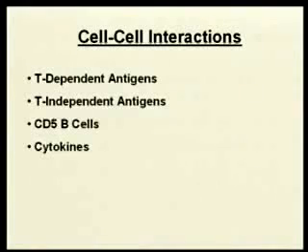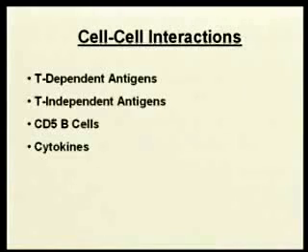Okay, the last lecture here, we're going to talk a little bit about some cell-to-cell interactions. The first part is what is required for the B cell response. I know Dr. Mayer discussed a lot of these aspects, but I'm going to concentrate on the cell-to-cell interactions that are required. We'll discuss the T-dependent as well as the T-independent antigens.